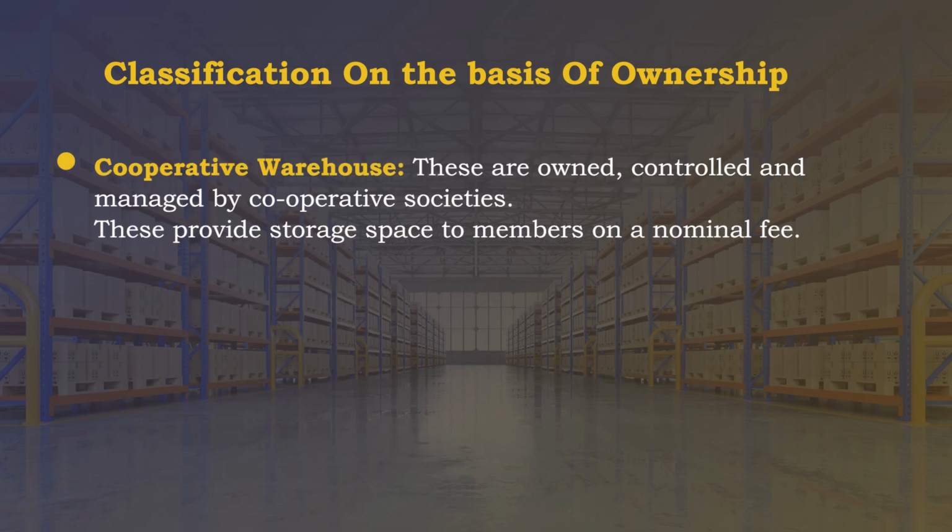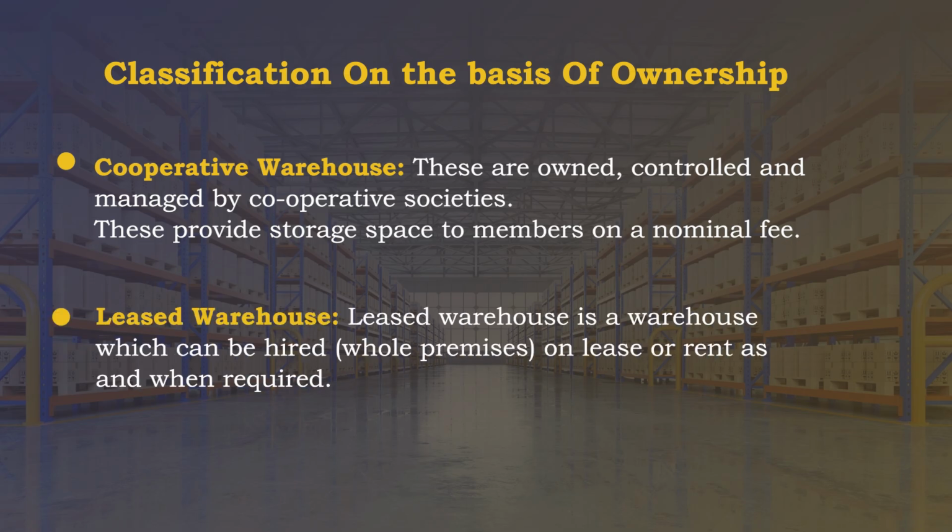C. Cooperative warehouse. These are owned, controlled and managed by cooperative societies. These provide storage space to members on a nominal fee. D. Leased warehouse. A leased warehouse is a warehouse which can be hired, whole premises, on lease or rent as and when required.